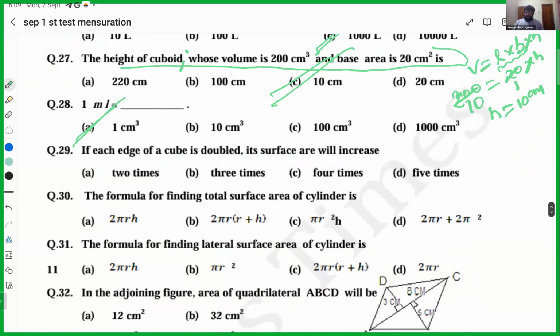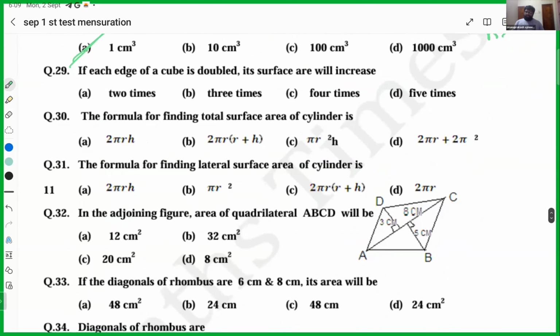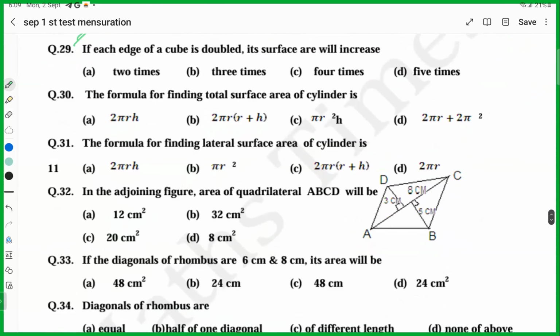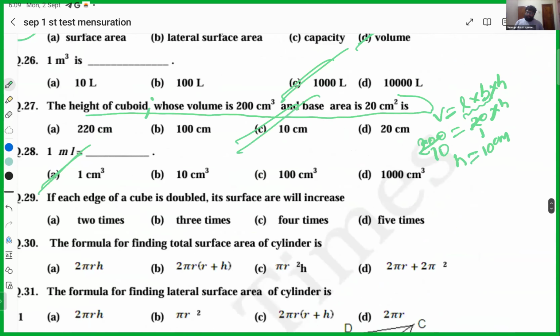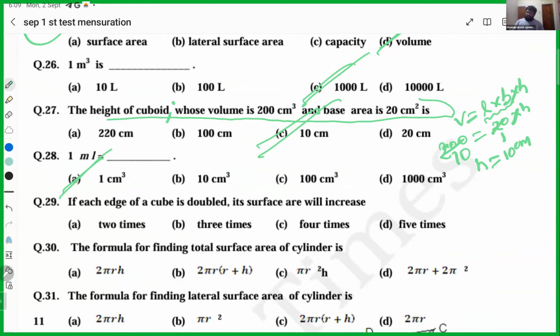If each edge of the cube is doubled, its surface area will increase to how many times? So what is the surface area in general for a cube? 6 into L square, right? Now they are saying each edge of the cube is doubled.